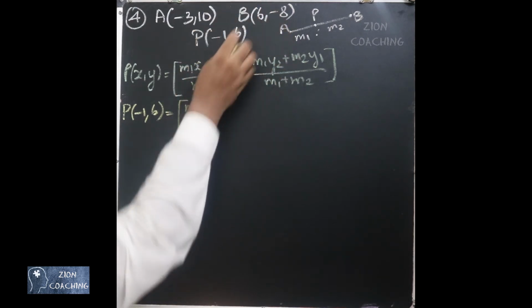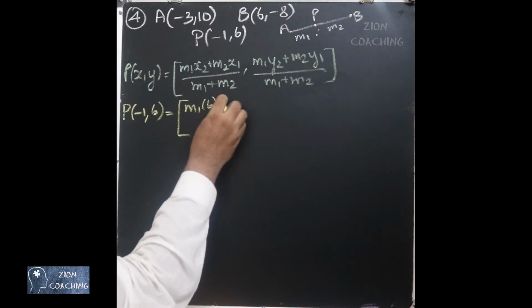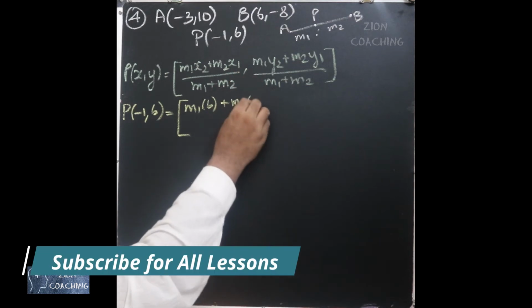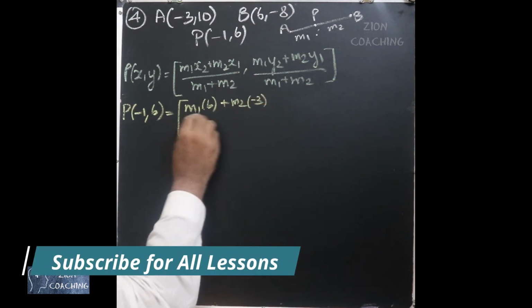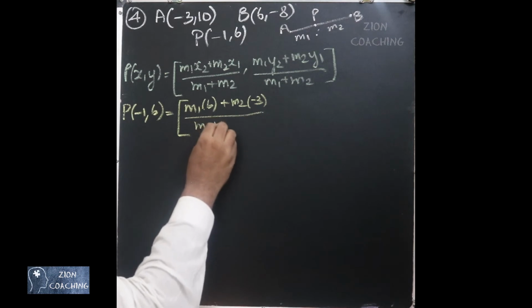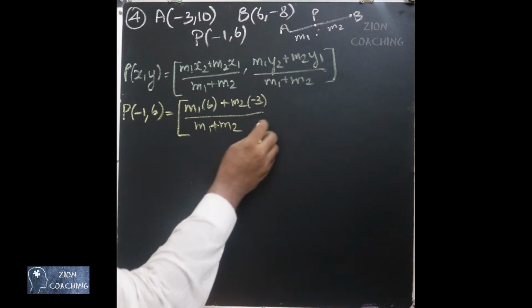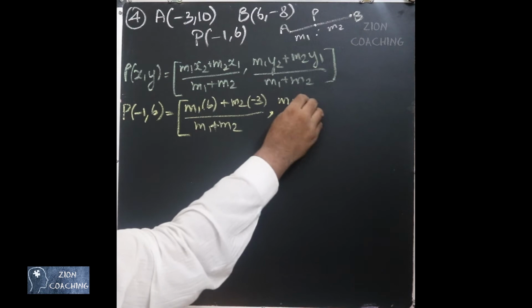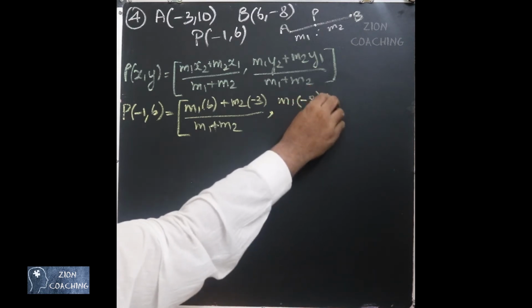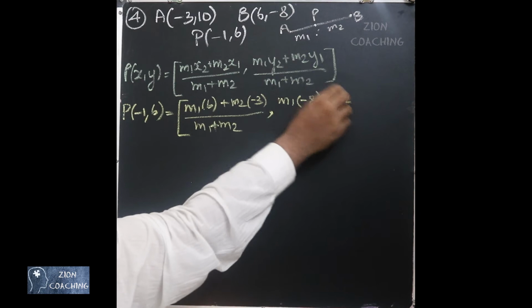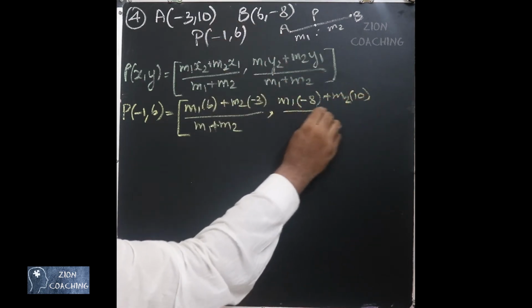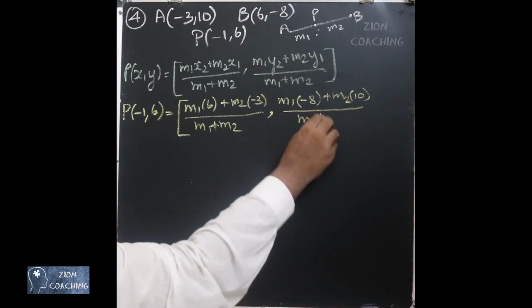Now your x2 is 6 plus your m2 into x1, that is -3, by m1 plus m2, comma, m1 into y2 is -8 plus m2 into y1 is 10, by m1 plus m2.